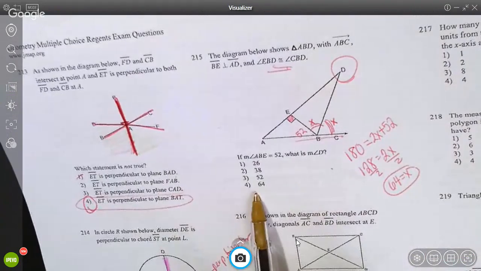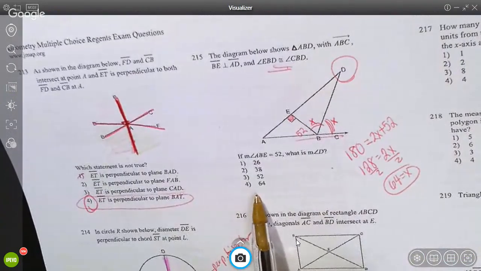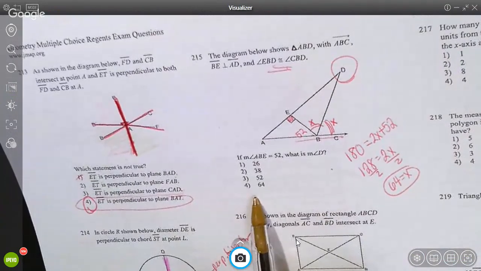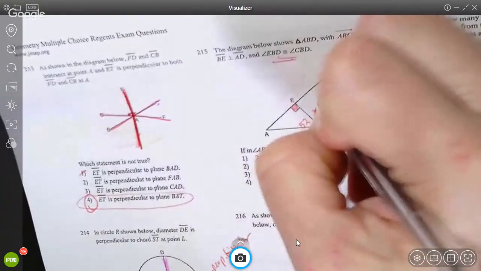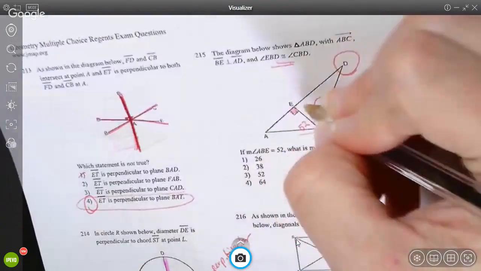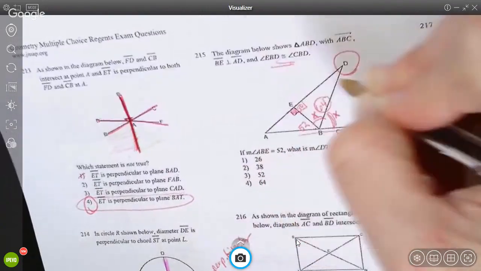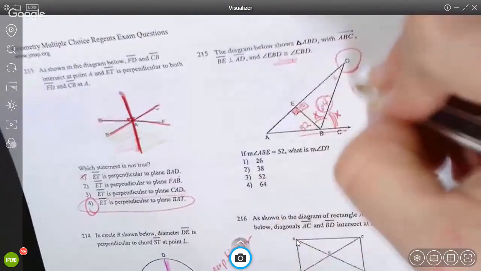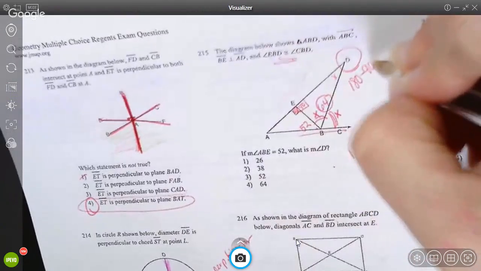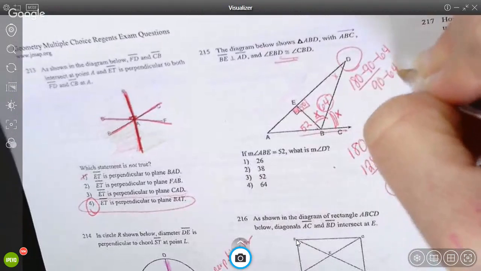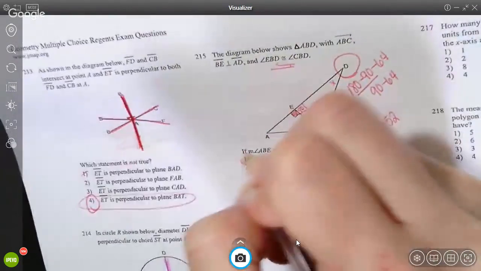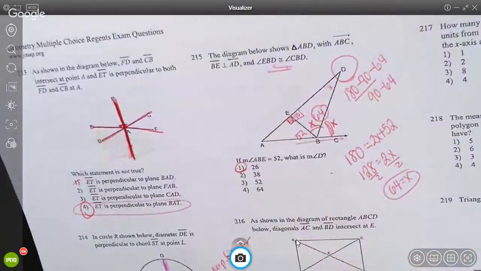So that's what they did. They put it there saying, look, it's 64. Well, that would be wrong because it doesn't ask for X. It asks for angle D. So now I know this has to be 64. Because this is 90, this piece here is also 90, and now I can find the angle again. 180 minus 90 minus 64. 90 minus 64 is 26. Choice 1.